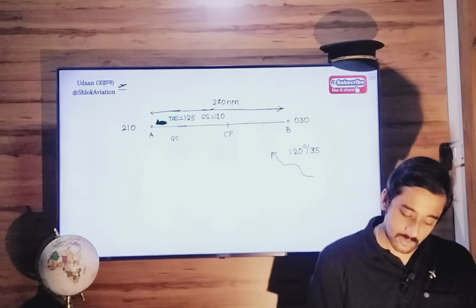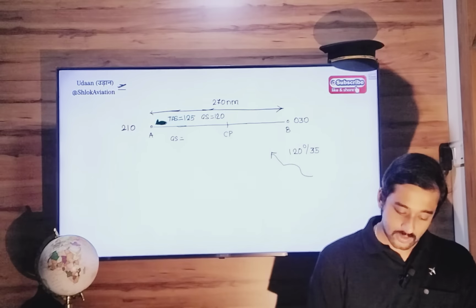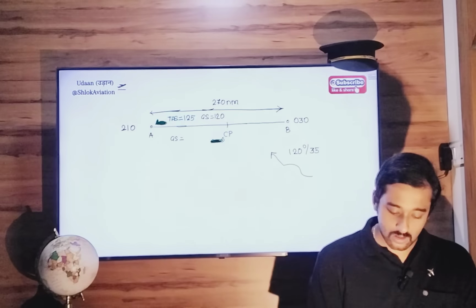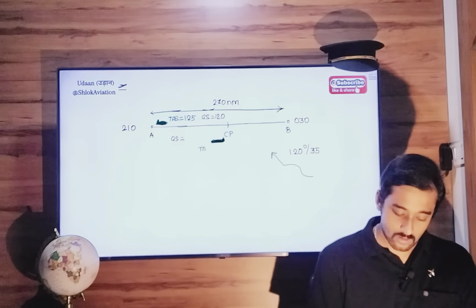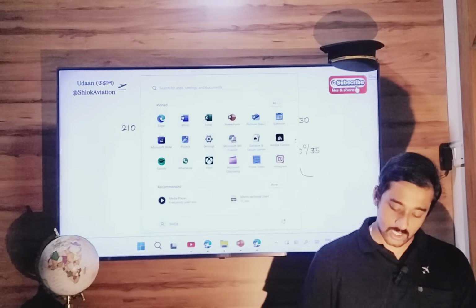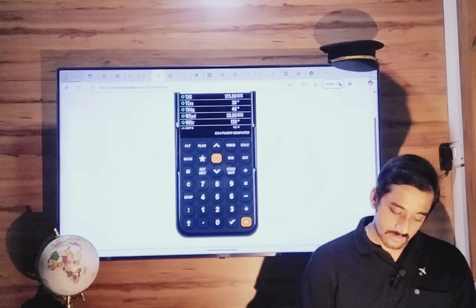The homebound ground speed will be how much? TAS remains the same, 125. Course will change. Course will become 210.